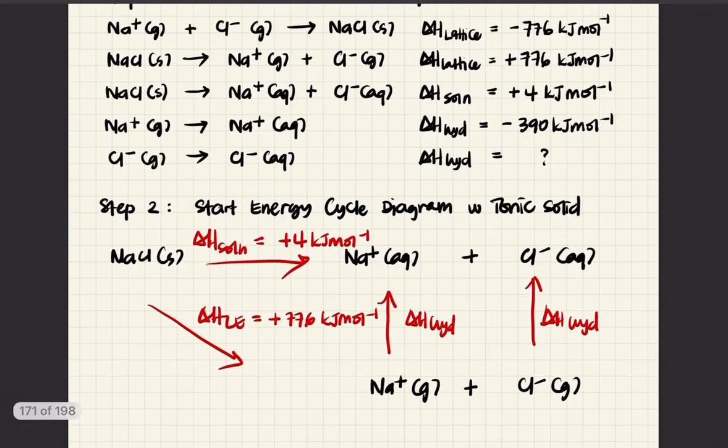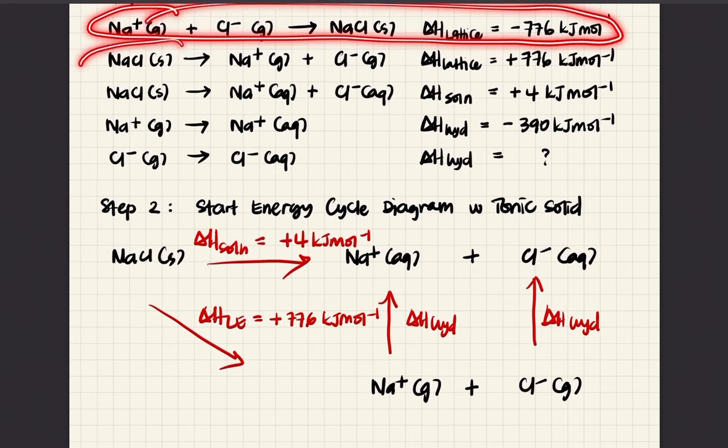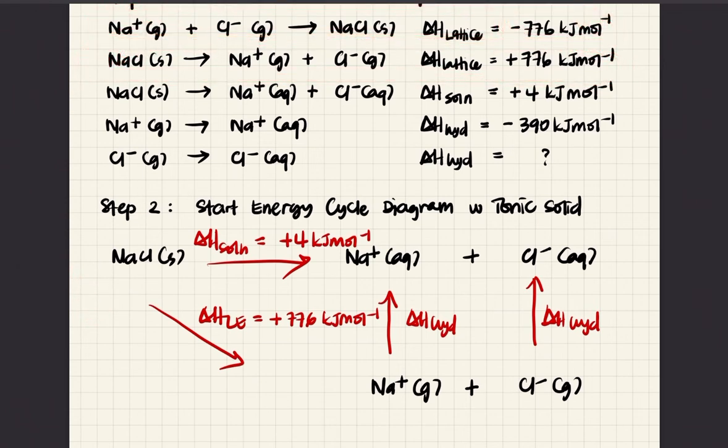Before that, Miss, can I use this one instead of this one? If you want to use this one, that means your arrow should be from your gaseous ions to your ionic compound.